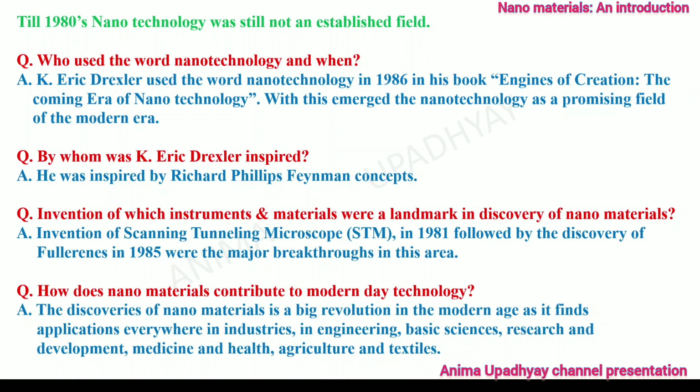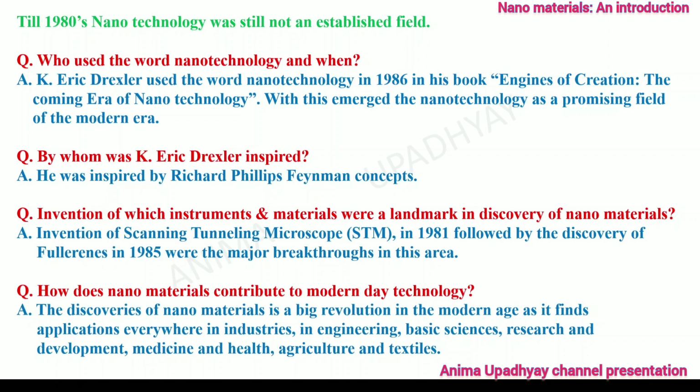Invention of which instruments and materials were a landmark in the discovery of nanomaterials? The invention of the scanning tunneling microscope in 1981, followed by the discovery of fullerenes in 1985, were the major breakthroughs in this area, because fullerenes are nanomaterials.